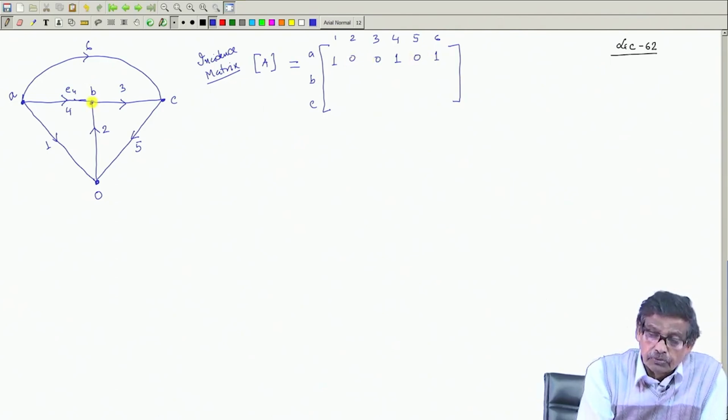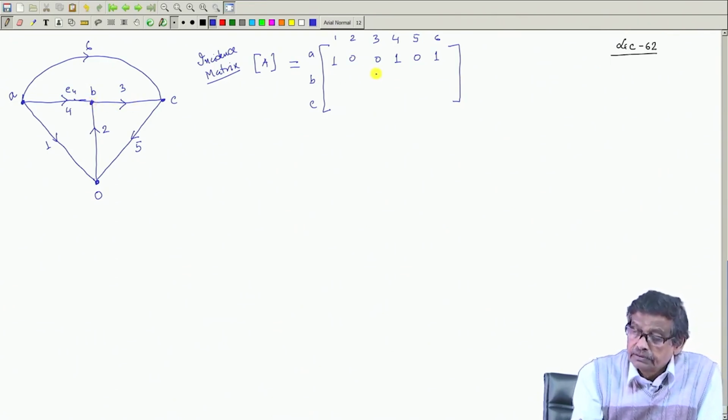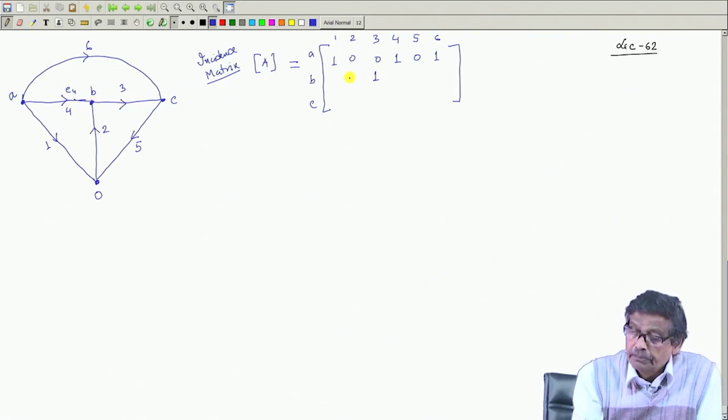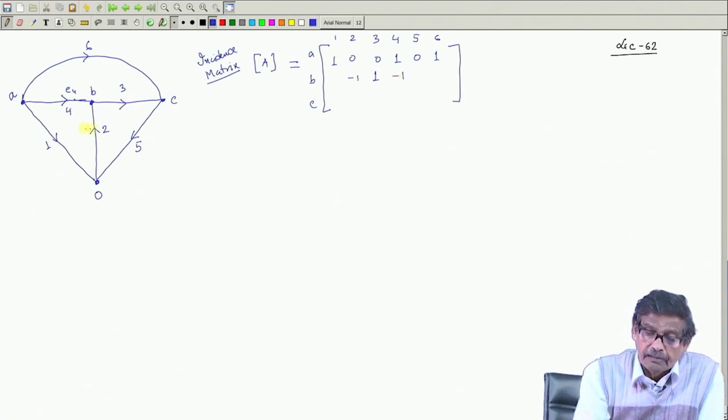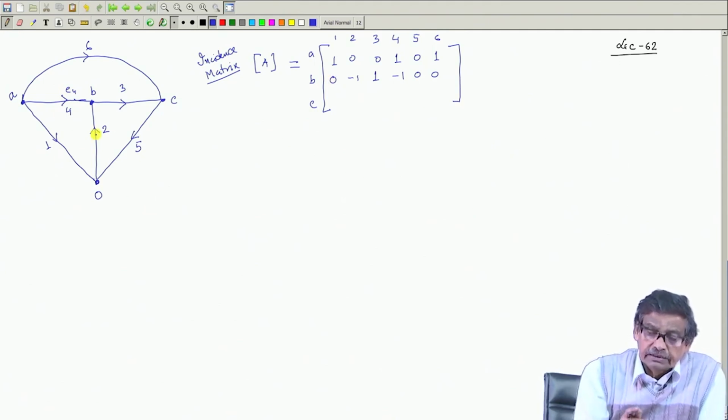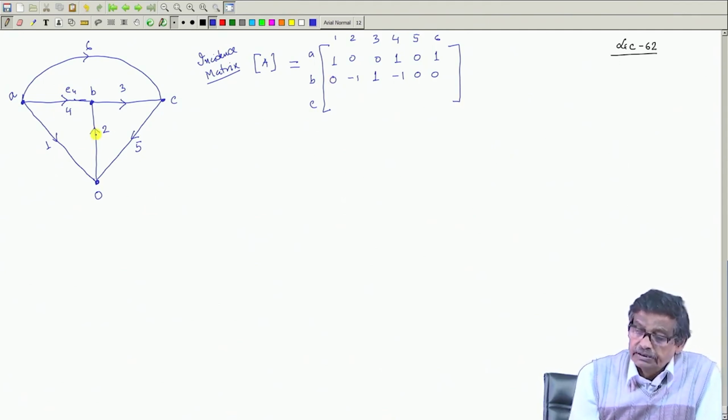Similarly, go to node B, things going out will be assigned plus. So 3 is plus, and 2 and 4 are coming into junction B, so they will be minus, and others are 0. This shows how quickly you can write this matrix looking at the graph of the network.